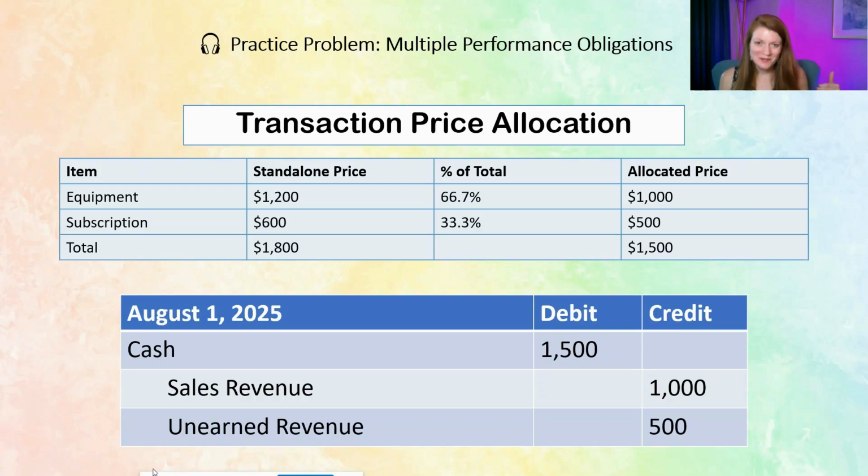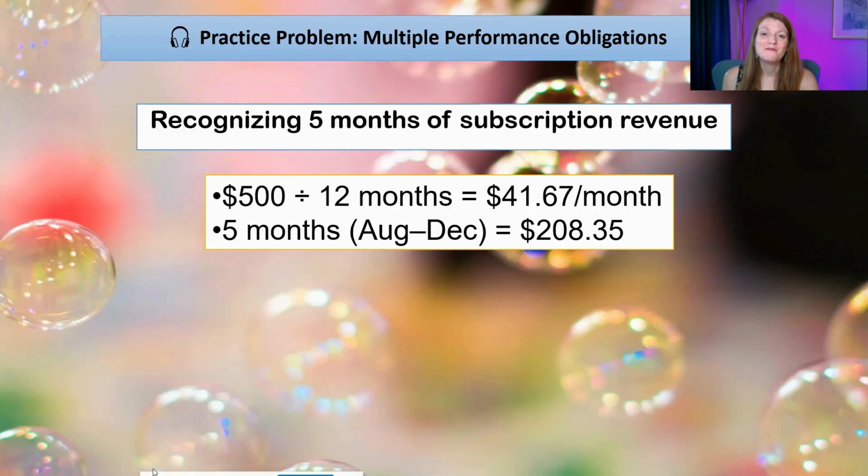Sunset Sound Systems has not provided the Studio Plus subscription. I've got to get rid of all these S's. They haven't delivered it. They haven't given Alfred anything yet on August 1st. So right now, all of that $500 allocated to the subscription is unearned revenue. It's a liability. SSS owes Alfred the 12 months.